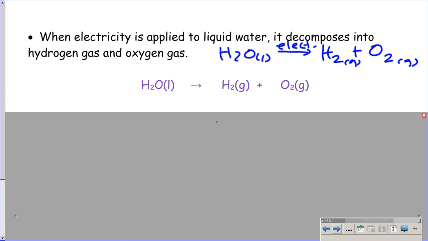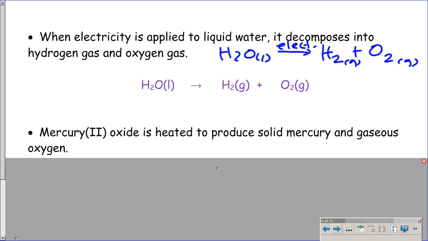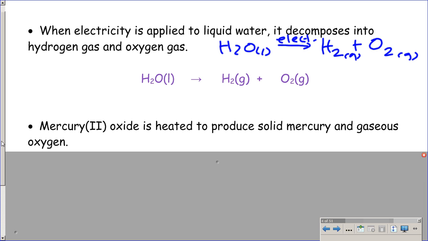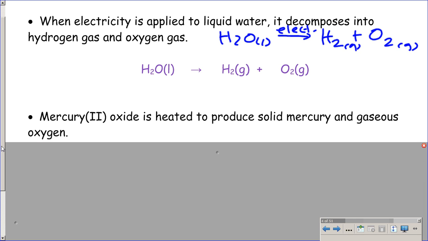All right. Mercury 2 oxide is heated to produce solid mercury and gaseous oxygen. Darian, give me what you got here. Give me the whole thing. Well, you can do it from here. Mercury 2 oxide. I'll do the first. Mercury 2 plus, oxide 2 minus.